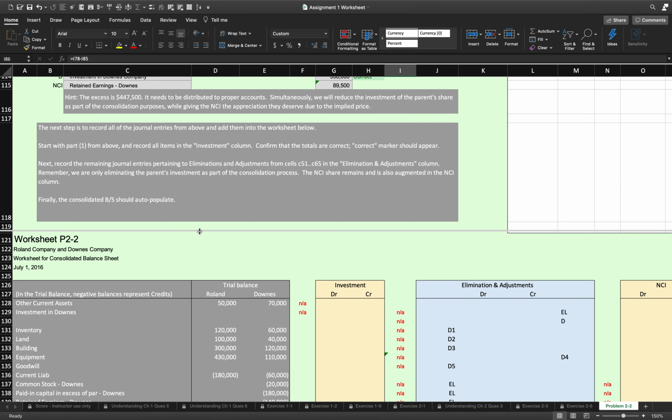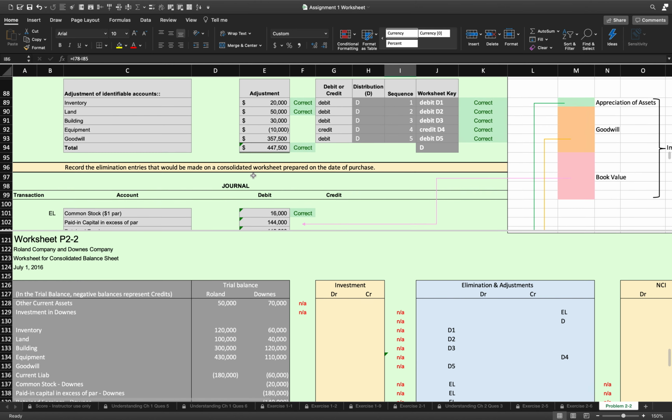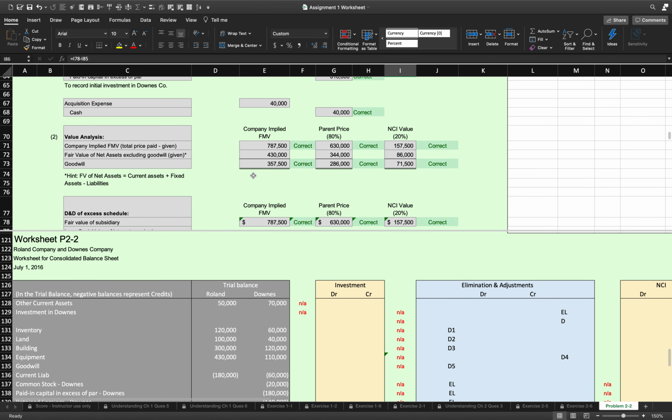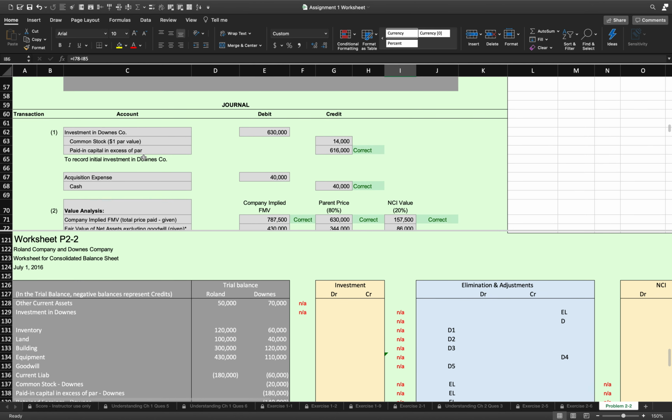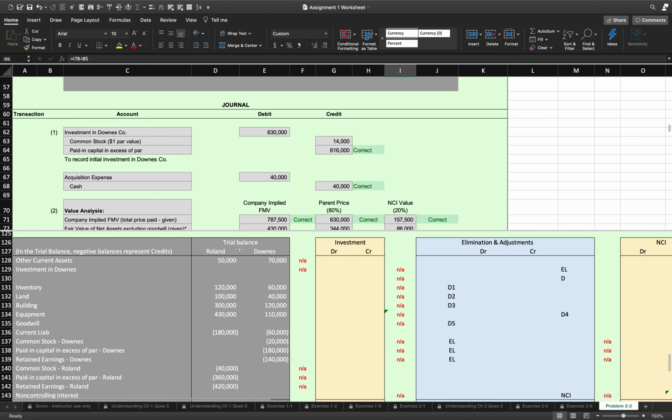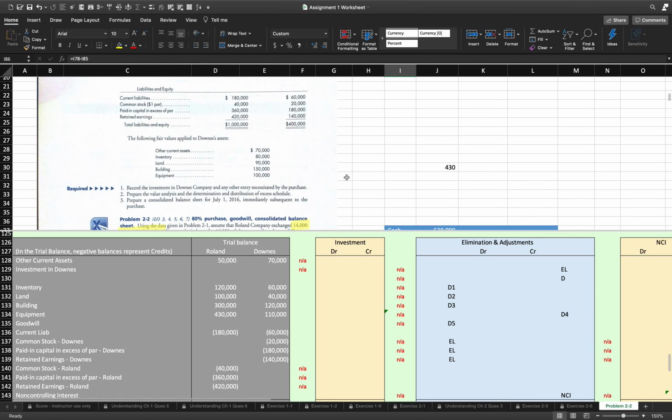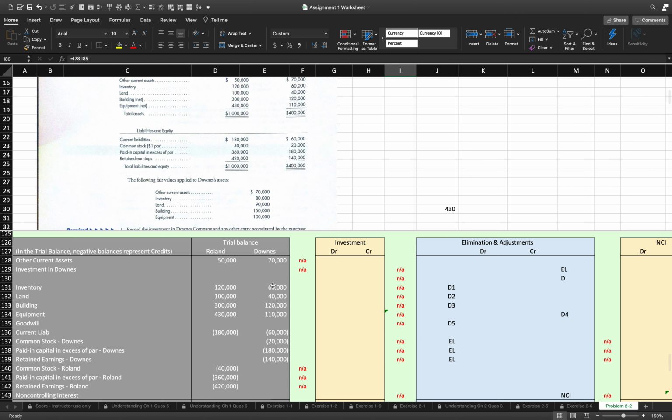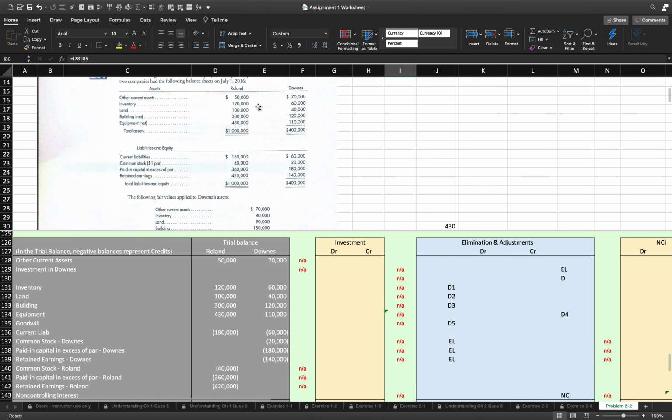So here, we're going to record everything that we see here in the journal entry forms format. All of these items we're going to record in the investment column here. They give us the trial balances of Roland and Downs, and we can confirm that these are the correct amounts by looking at the fact that we have these amounts up here, and they mimic everything down here.